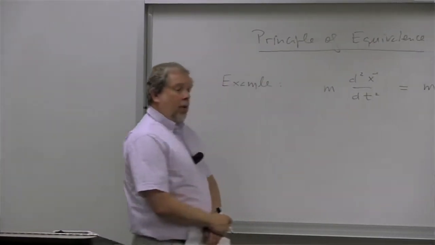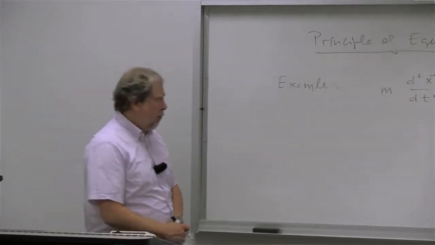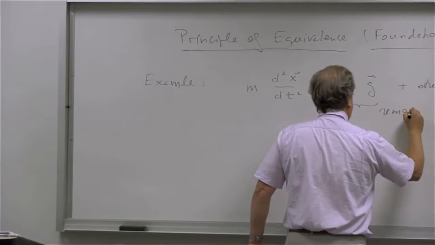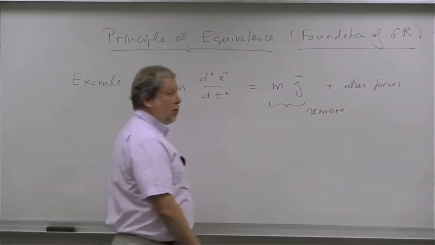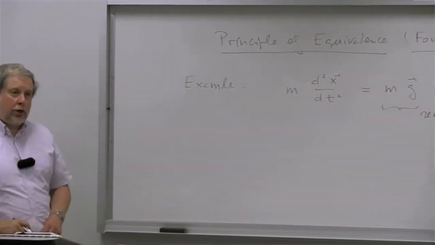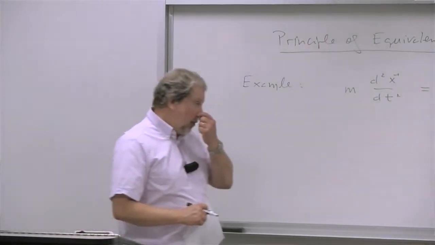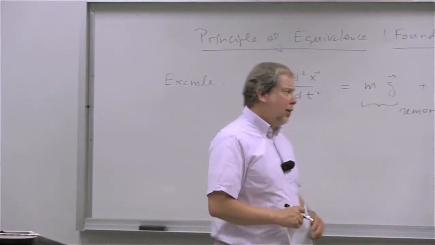And so now the point is that we can remove this force. Remove this force by doing a transformation which is, well, it's not a Lorentz transformation, and therefore in the non-relativistic case that would be a Galilean transformation.